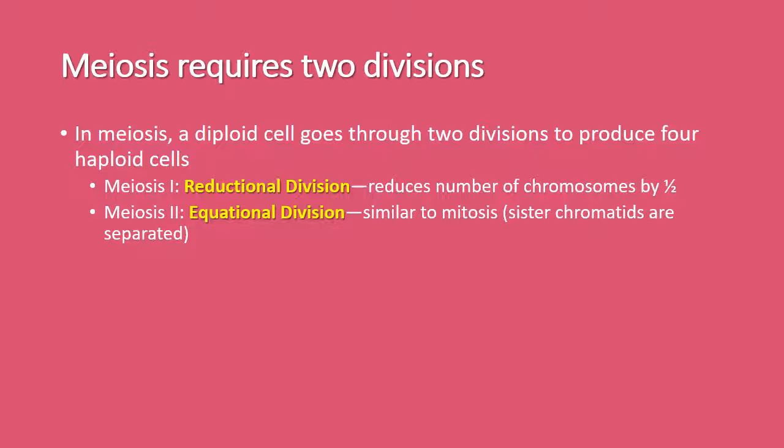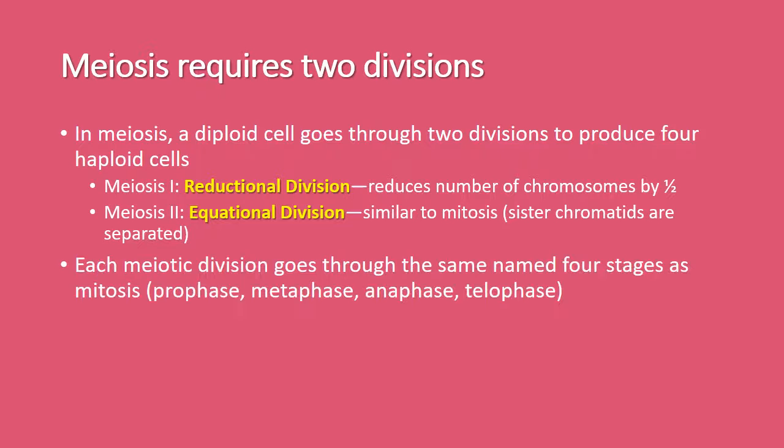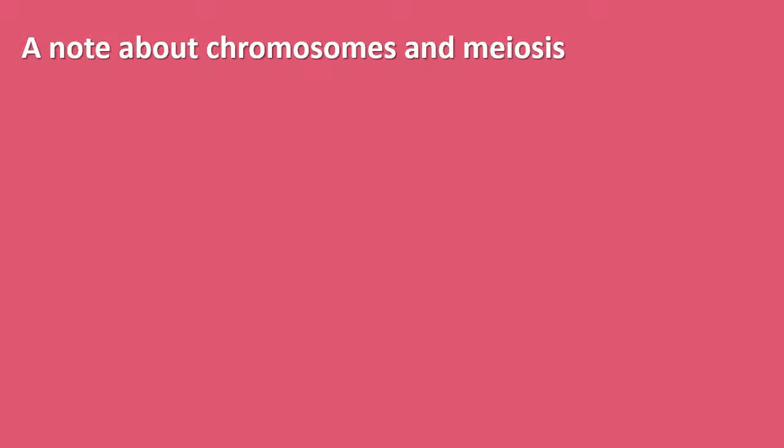The second one is the equational division. This is very similar to mitosis, where the sister chromatids get separated. And each division goes through those same 4 processes that we saw with mitosis: prophase, metaphase, anaphase, and telophase.